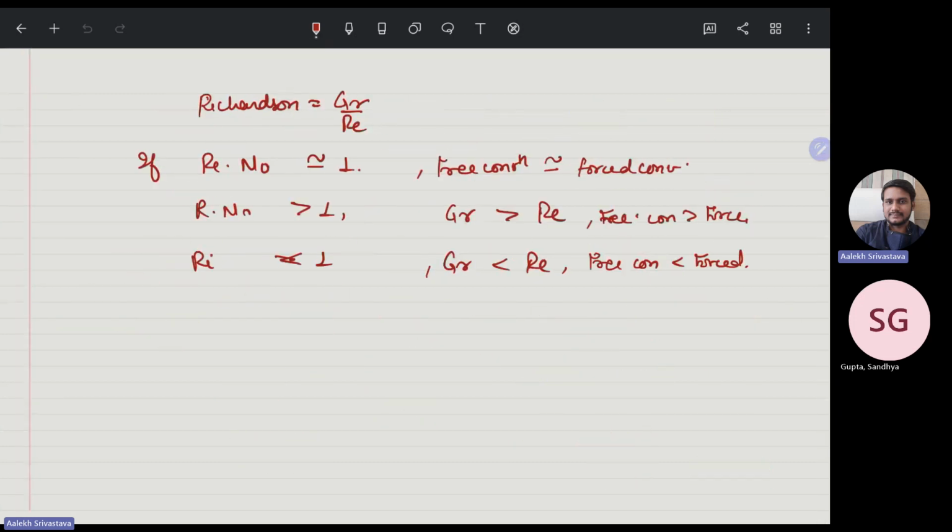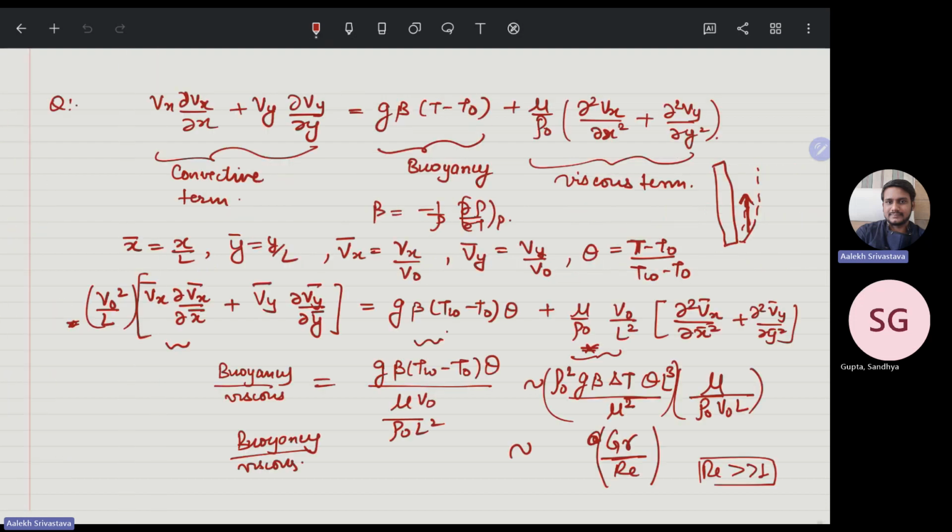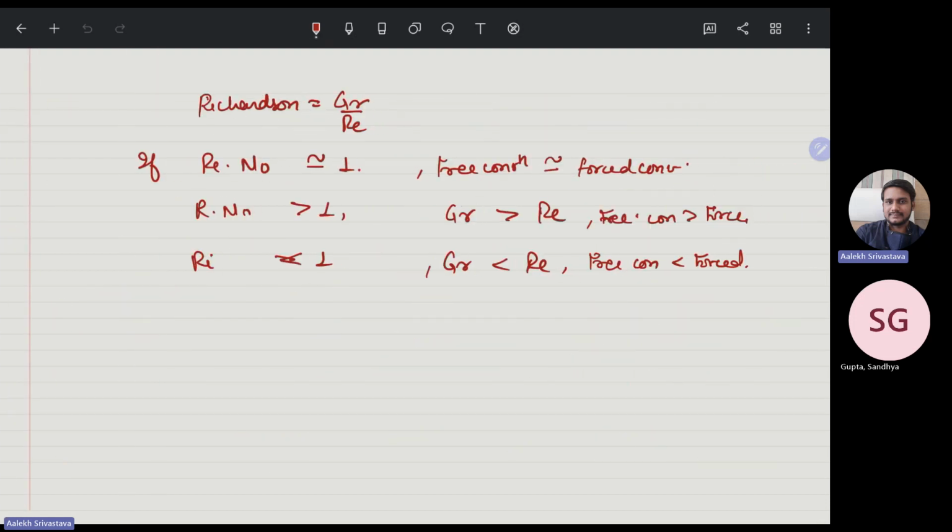And the second problem for this same question is: we have given a condition that air flows at 300 K past a plate that is 3 centimeter long, and the wall temperature is 100 degrees Celsius, at 10 meter per second. Is the buoyancy term negligible?